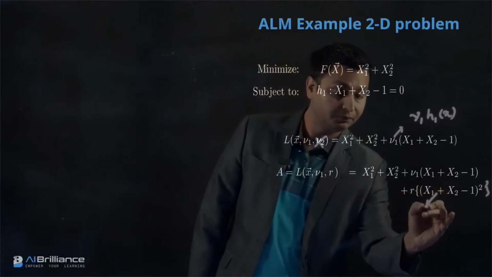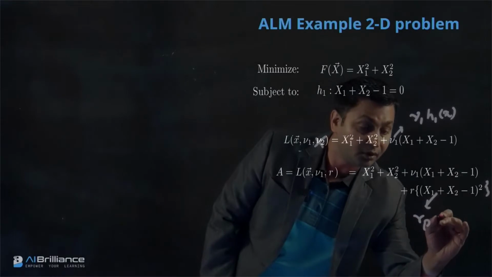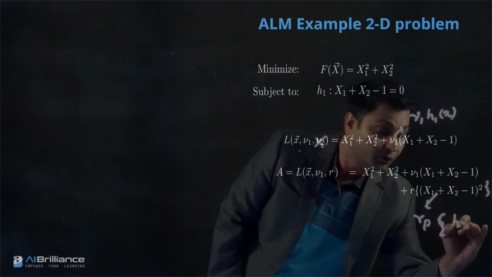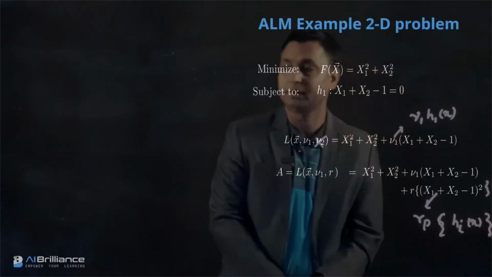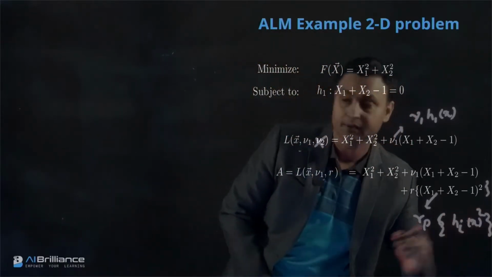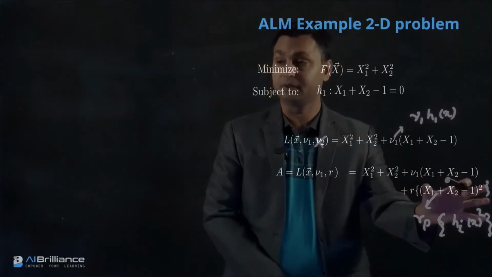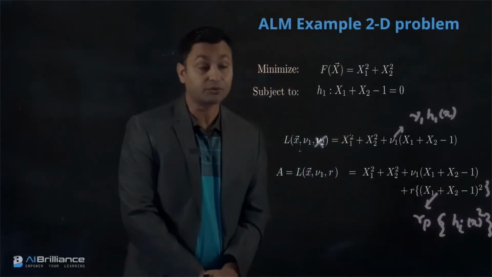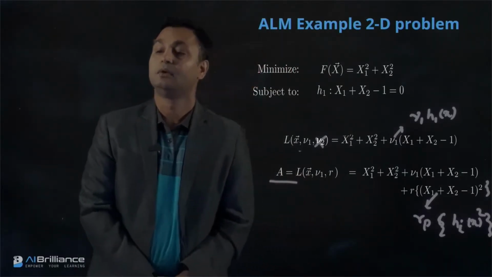If you recall, in our definition of the augmented Lagrangian, r_p multiplied by h_i(x) squared. So we are squaring that and multiplying that by r_p. That term is now included here. So this is essentially the augmented Lagrangian function that we have.